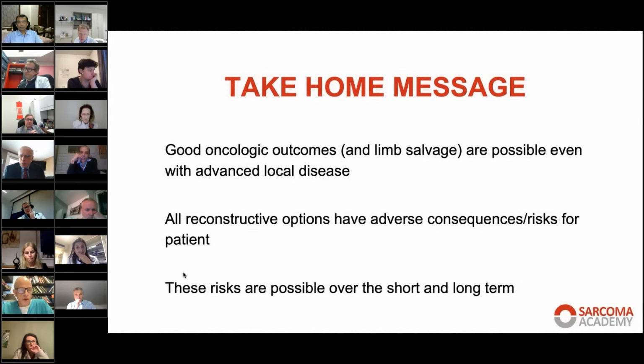And as we all know, all various reconstructive options have possible either short or long-term risks and adverse consequences. In this particular patient, in some respects, we're still managing some of those longer-term adverse issues in terms of her overall shoulder function, although we're successful oncologically and at least successful in terms of hand and elbow function.